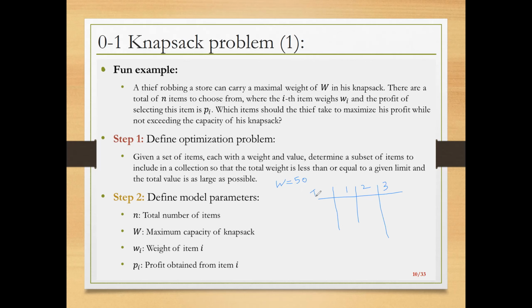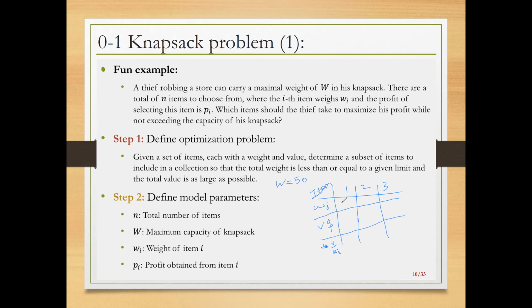So these are your items, and over here we have their weights, weight of i, and we have value, which is in dollars, say. Let's extend this table, and in the end, we have the value to weight ratio.